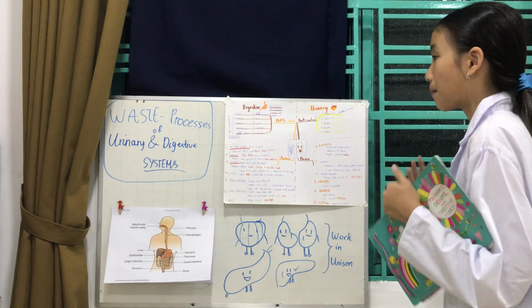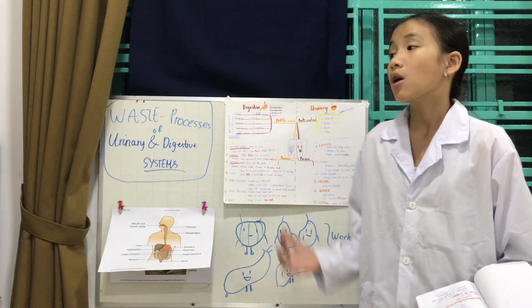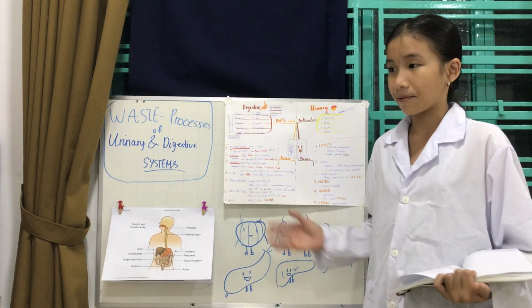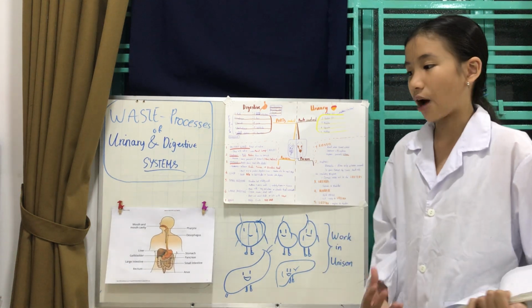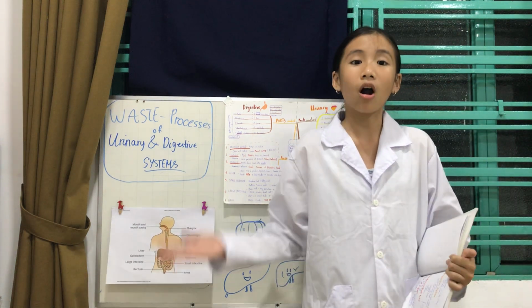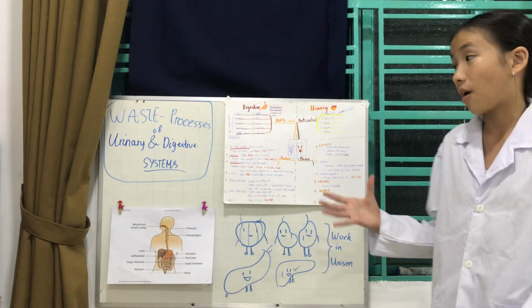Now, how do we digest all of that food? Well, we have the digestive system. Like I said before, it helps us to process all of it and then it comes out at the bottom. But it's a very complex system. It's arguably one of the most complex systems in the whole body.